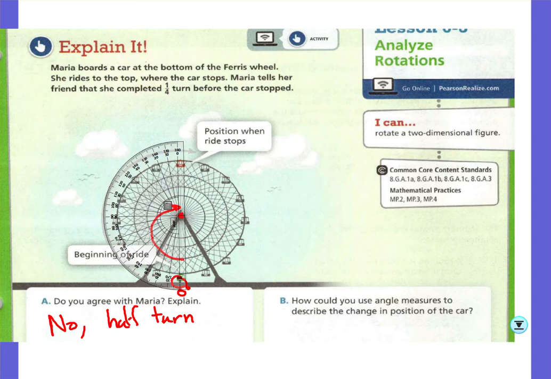And notice I've placed the origin right at the center of the Ferris wheel here. And you can see that's an entire 180 or a half turn. So we could just say that's a 180 degree rotation. And that's what we're going to study today. So pretty quick jumping off point.